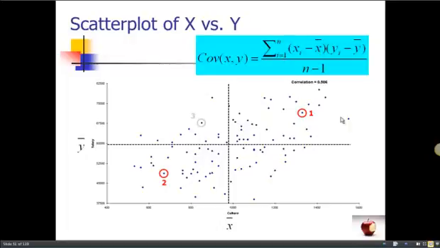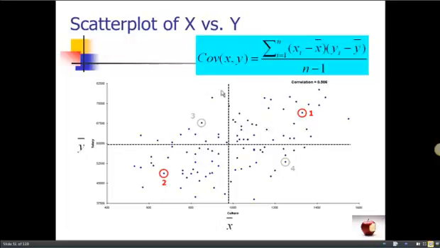We can contrast that with point 3, which has a negative x deviation, but a positive y deviation. This point is going to have a product of its deviations that is negative. And similarly for point 4, because it has a positive x deviation and a negative y deviation. So in product, point 4 is going to have a negative contribution to the covariance.